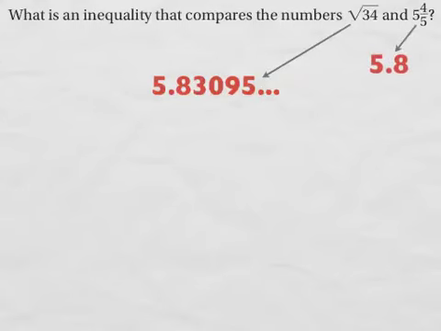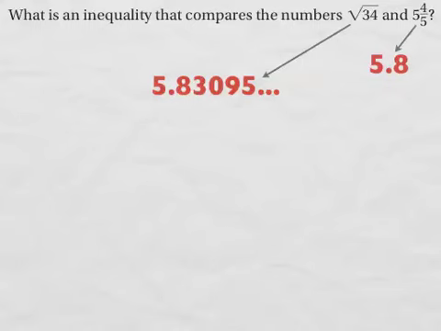To compare these two numbers, after the 5.8 we could fill in zeros past there. It's just 5.8000000. So when you're comparing them, both numbers have 5 in the 1 spot. Both numbers have 8 in the 10th spot.